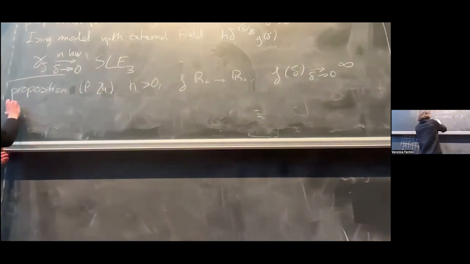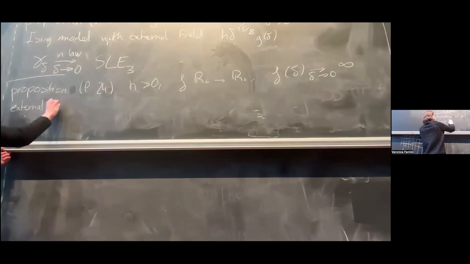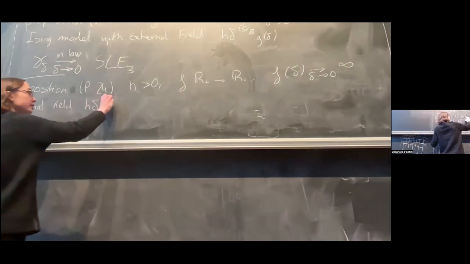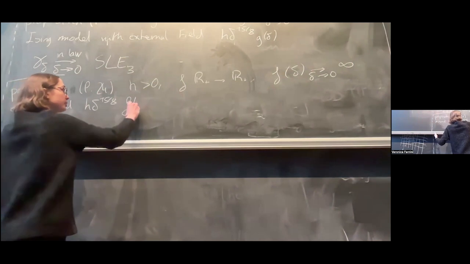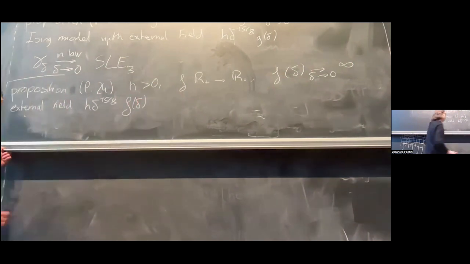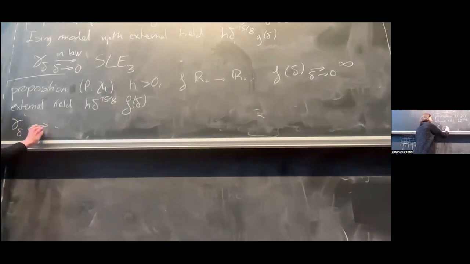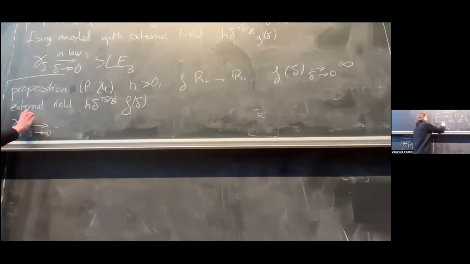And I'm taking as an external field h δ^{15/8}, and then I'm multiplying by this f(δ). So I'm going to 0 slower than before. And then, okay, I want to look at what happens to the scaling limit of the interface.